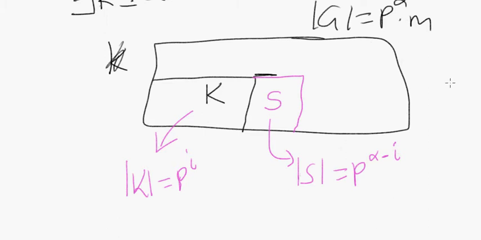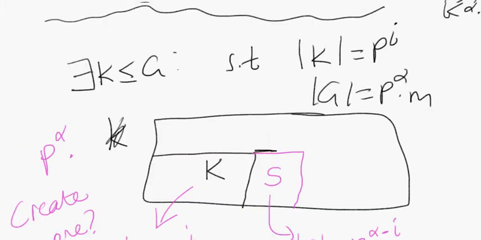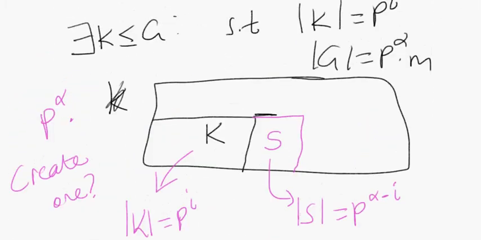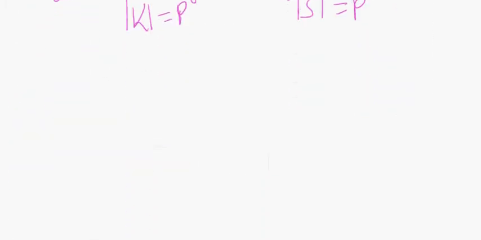Suppose we could get some subgroup K and extend it to a larger group. Perhaps it's difficult for us to find a subgroup of order p to the alpha, but the question is, can we create one? Can we create a subgroup of a given order? We don't want to be bogged down by the specifics of this problem, so let's think in general for now.